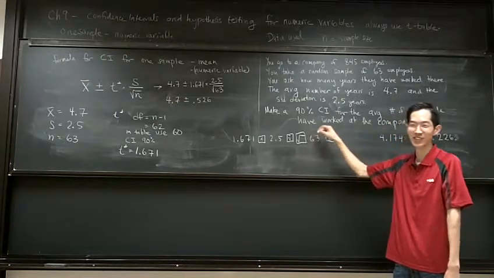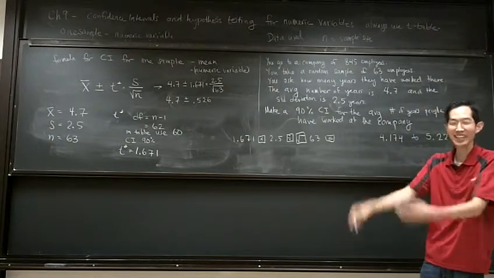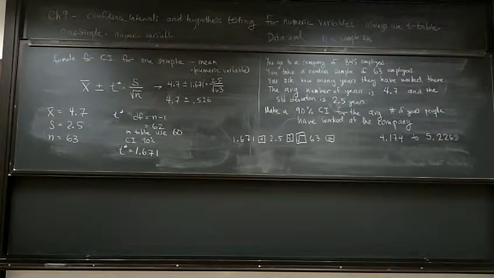I could write parentheses around the 6 and the 3 also, because I had to hit those buttons individually. Okay, and so I got 0.526.